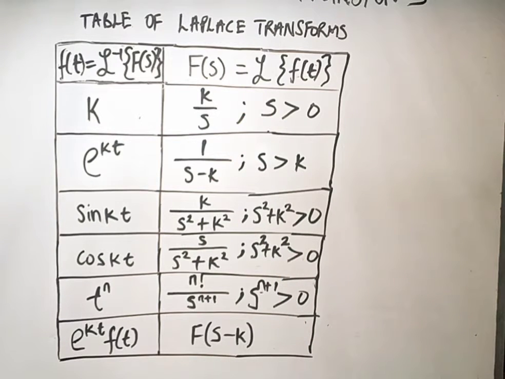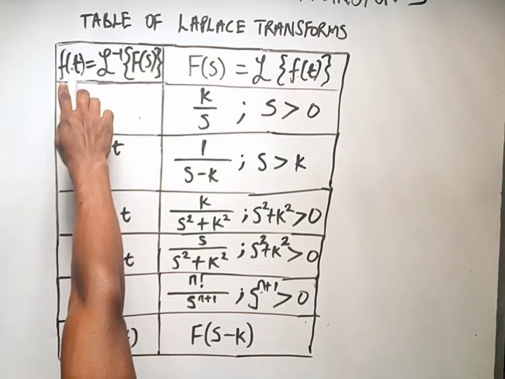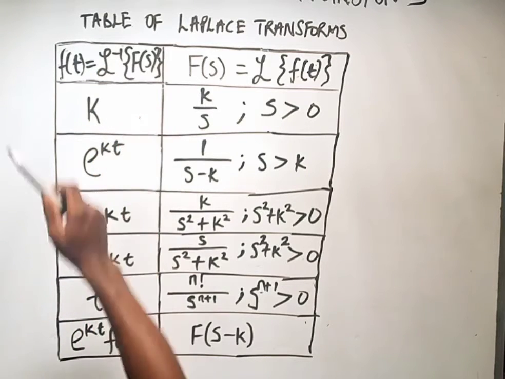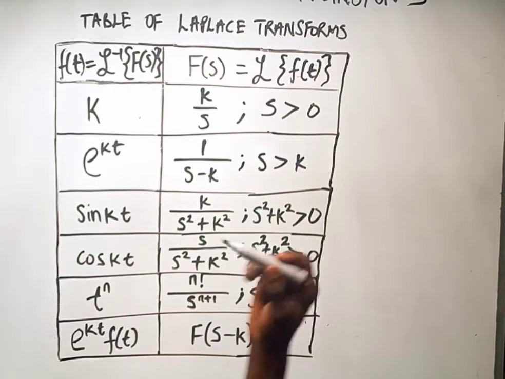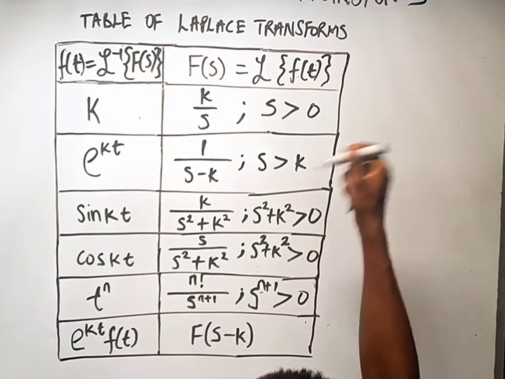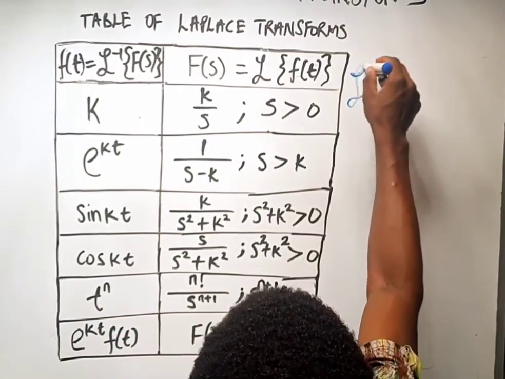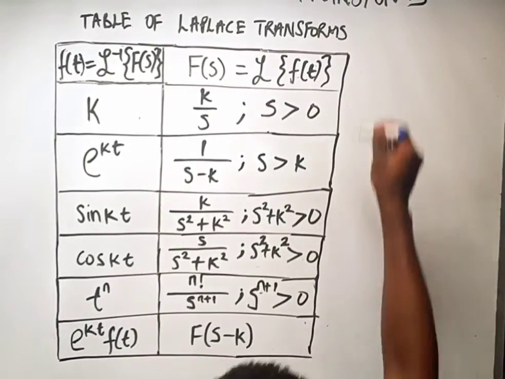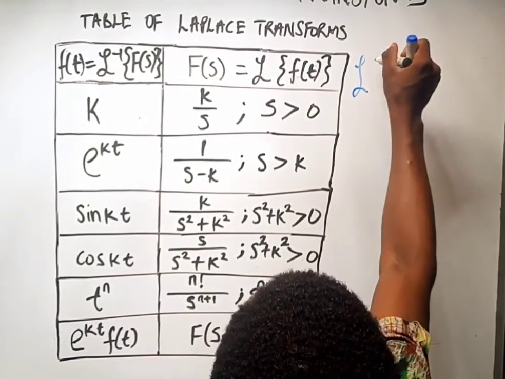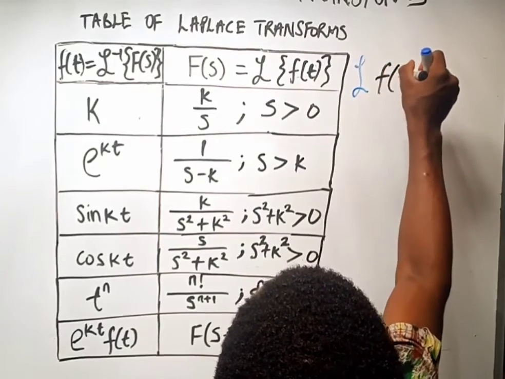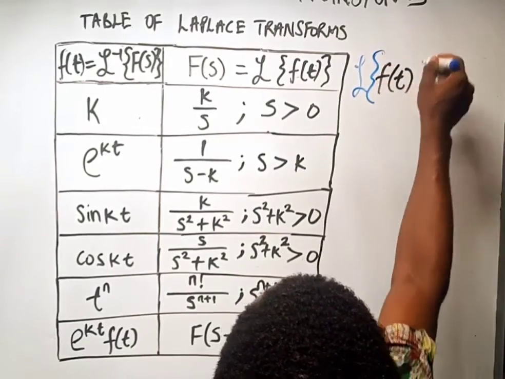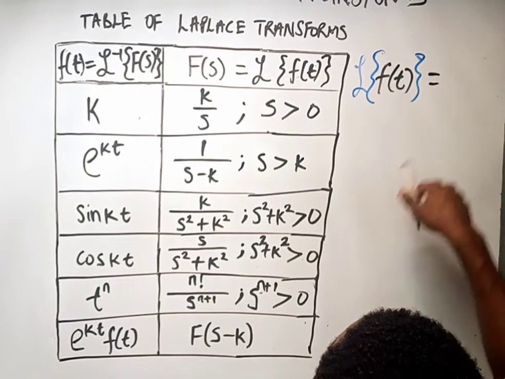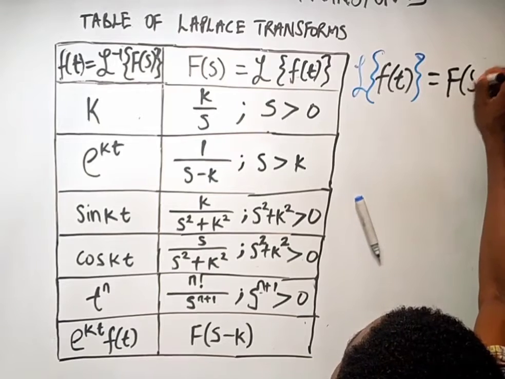So we have that the function of t is in this column, and it is equal to the Laplace inverse of the function of s. Now when we take the Laplace transform of a function of t, this will give us this function of s.